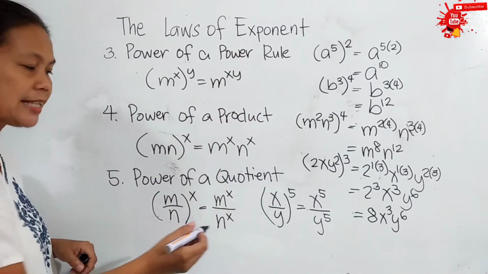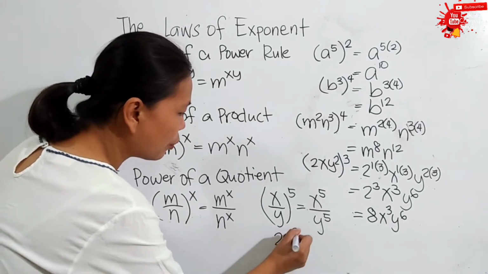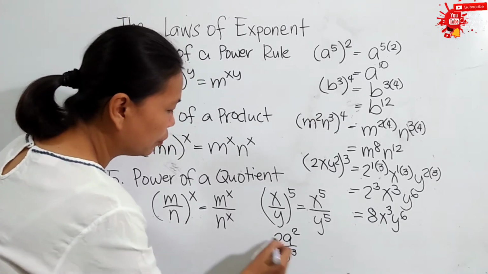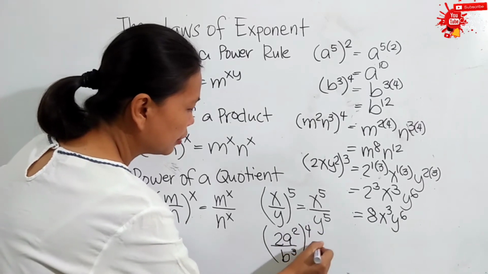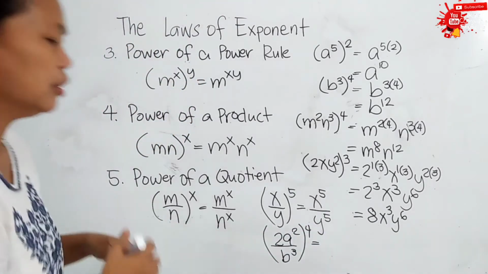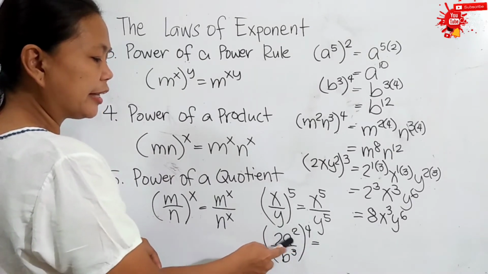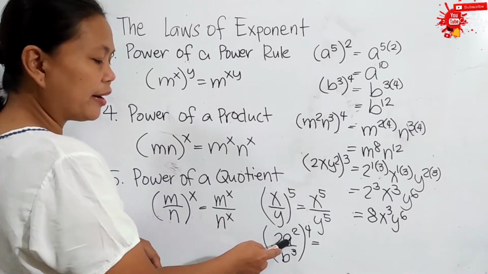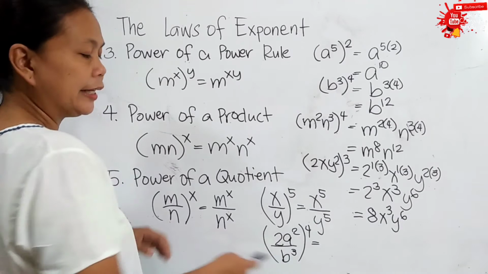So let us have example. Let's say we have here 2a squared over b cubed, quantity raised to 4. So we have here distribute 4 to each of the exponents given inside the parentheses, even if it is a number or a variable, in the numerator and also in the denominator.